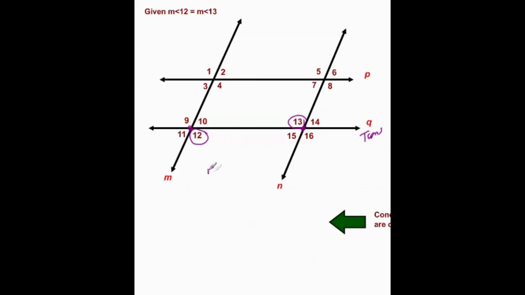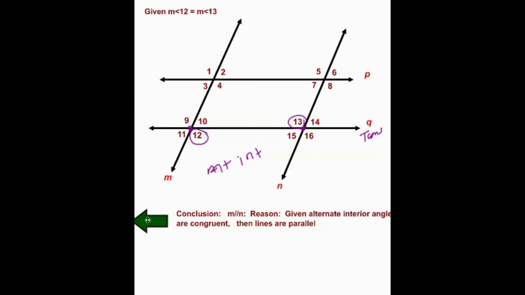Well, these are alternate interior. And the affected lines are m and n. So given alternate interior angles are congruent, we're using the converse of that theorem from the previous chapter, then we can prove that m and n are parallel. And here we have it right here. M and n is parallel. The reason, given alternate interior angles are congruent, then lines are parallel.